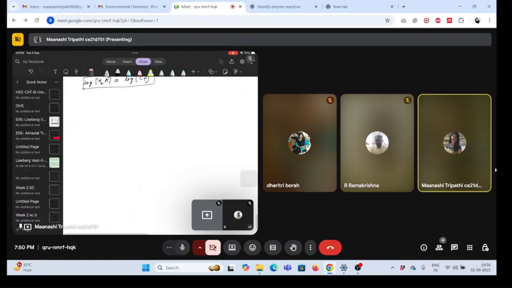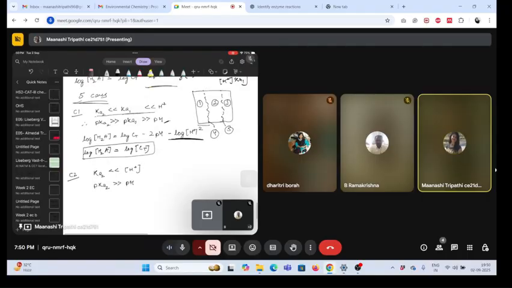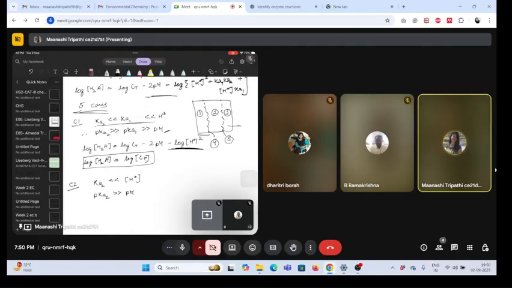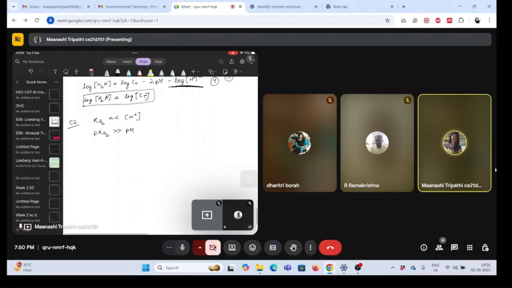Okay, what will be the next case? Ka2 is less than H plus. So what will happen? pKa2 is greater than pH. It means we are talking about this third area.